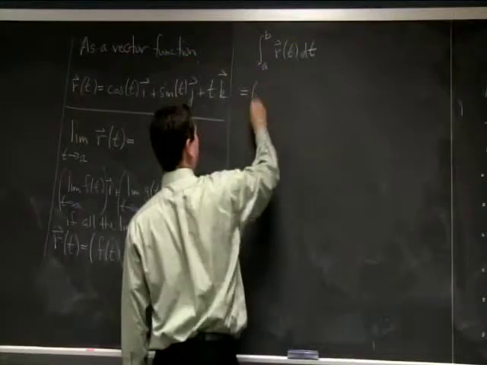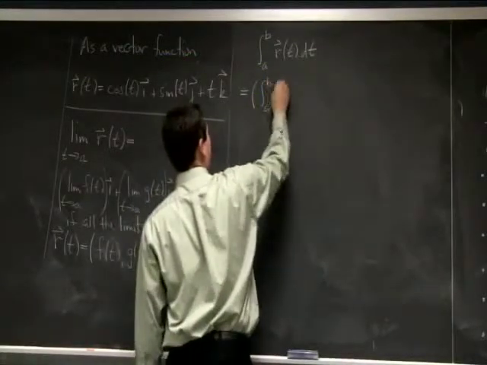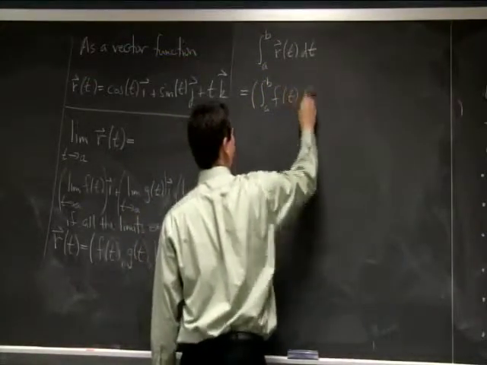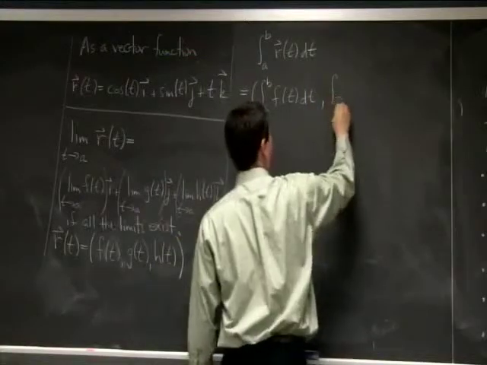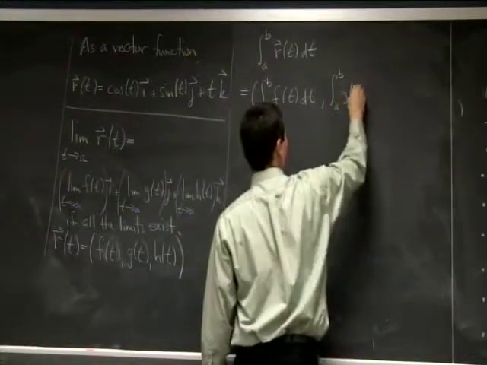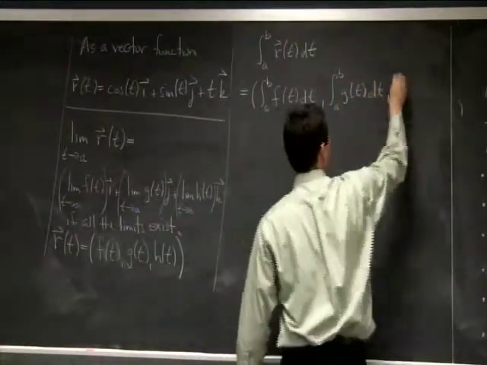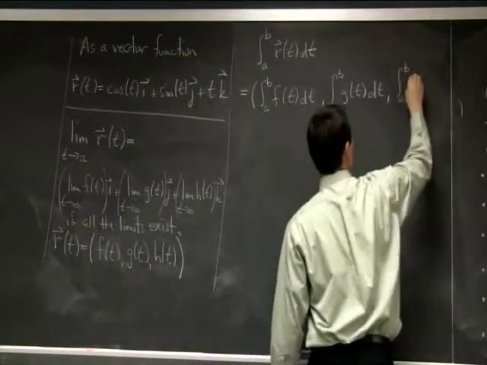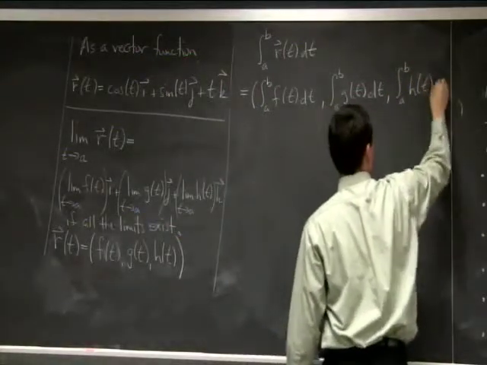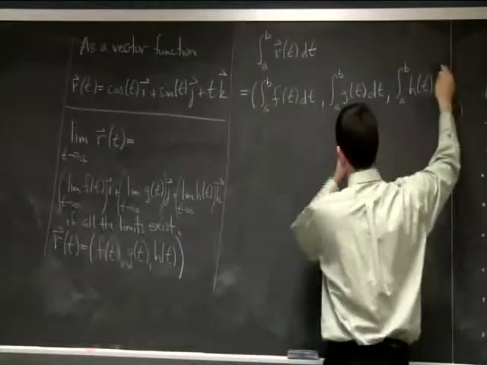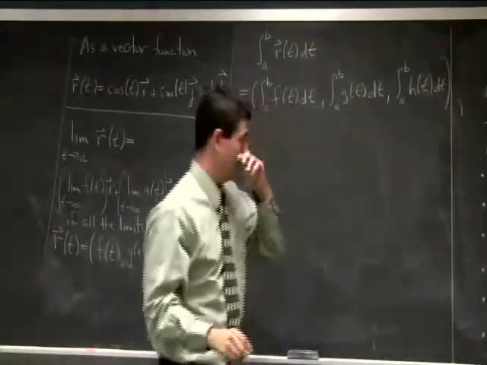Just write this as the integral from a to b of f of t, comma, the integral from a to b of g of t, comma, the integral from a to b of h of t.